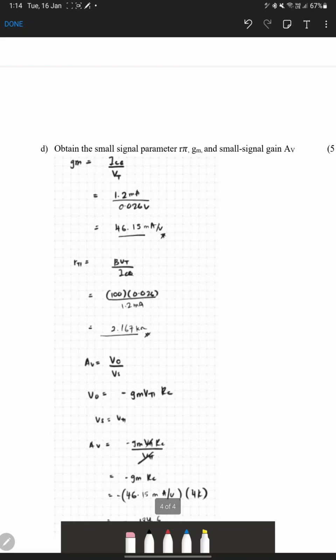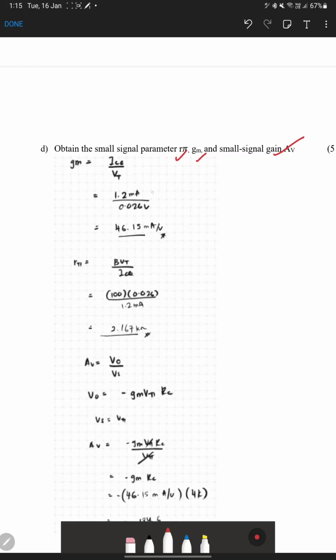For the fourth question, the question asks us to find the gain. So this question asks us to find the value of AV. Right? Before that, we need to find the R pi and GM. So the GM formula is ICQ over VT.